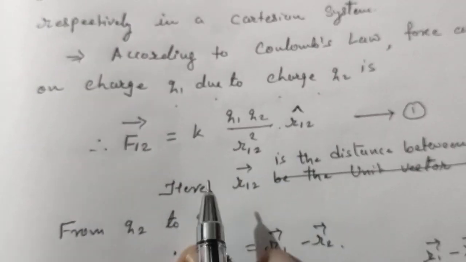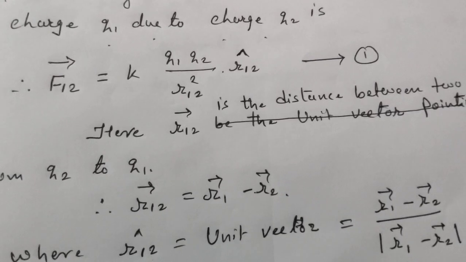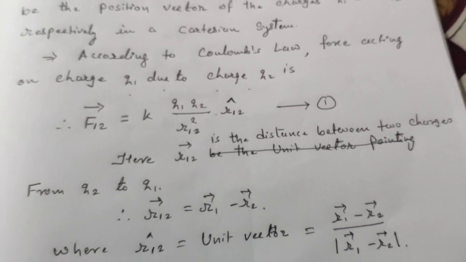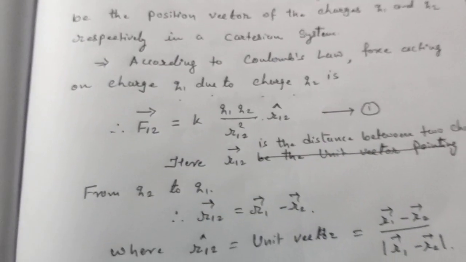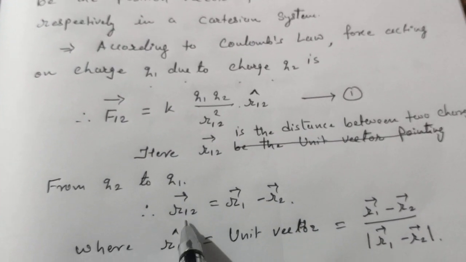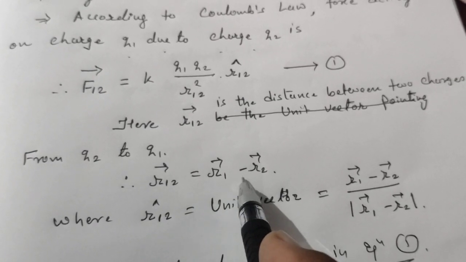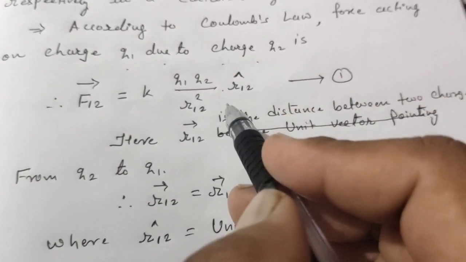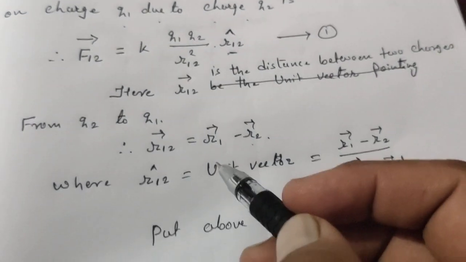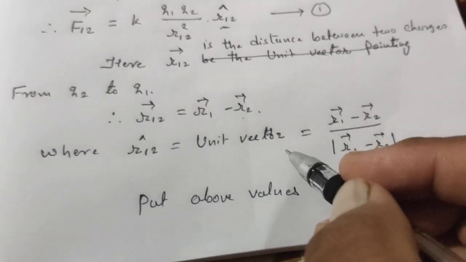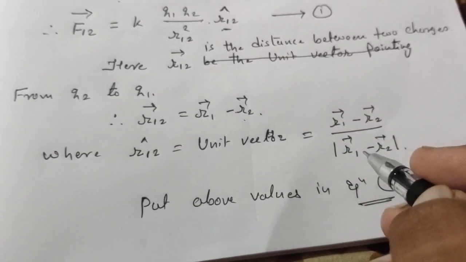Here R12 is the distance between the two charges Q2 and Q1, which we can mention like this: vector R12 equal to vector R1 minus vector R2, and this R12 cap is known as the unit vector. As we know the definition of unit vector: vector r upon magnitude of r.